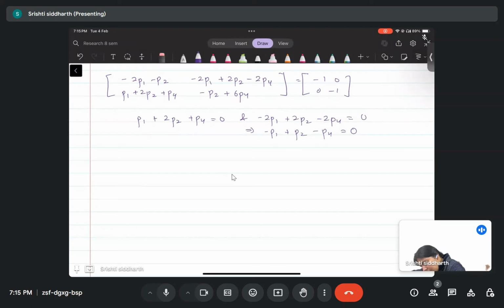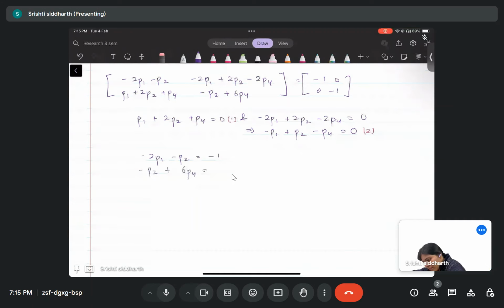You can solve the system of equations. So I'm going to write this one as equation 1, 2, and we have two equations. So minus 2p2 plus 6p4 equals minus 1. Right.